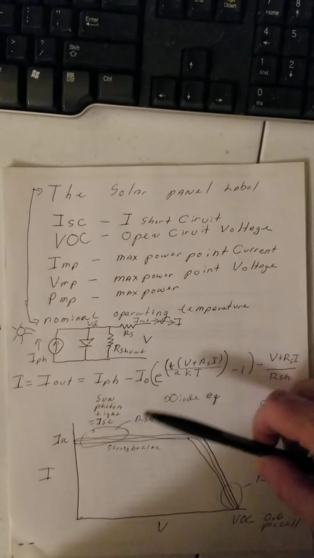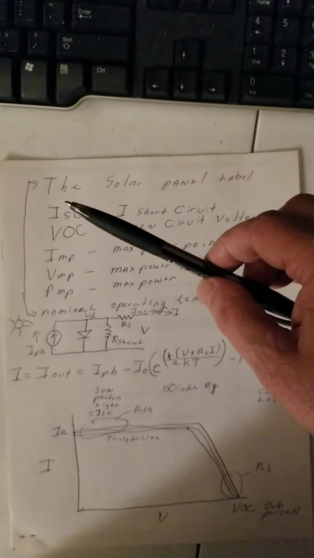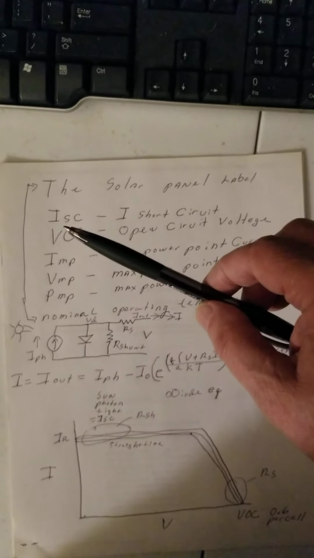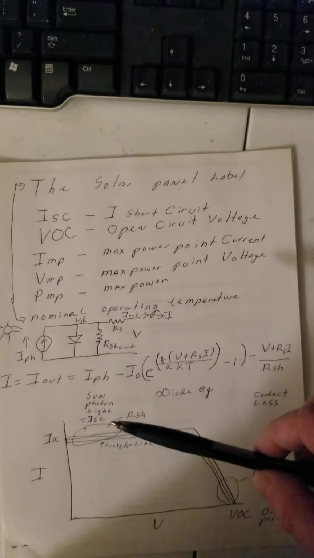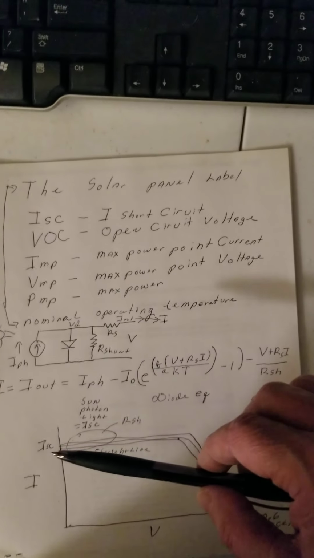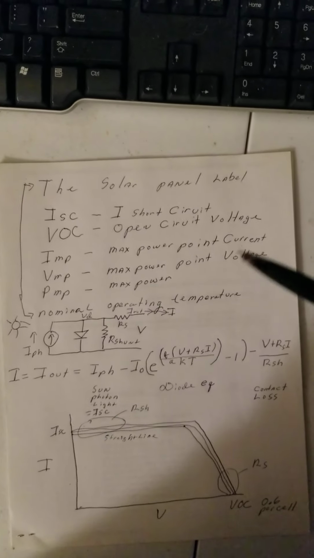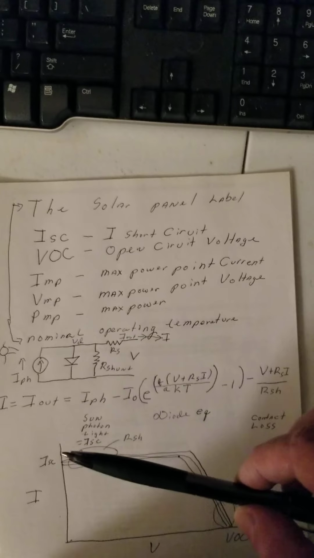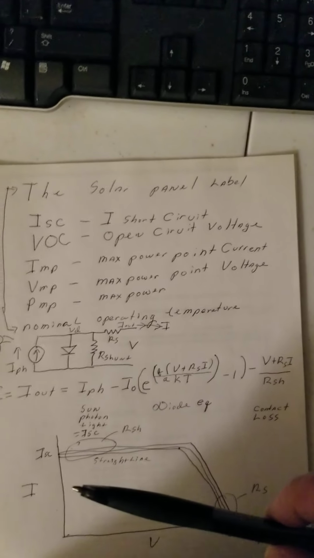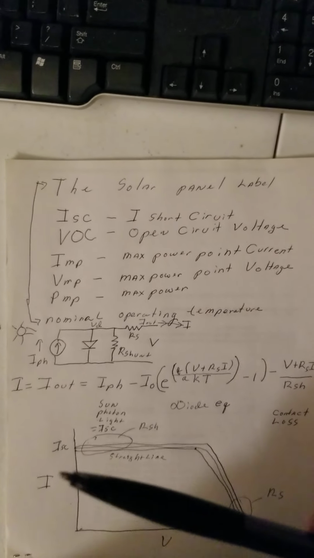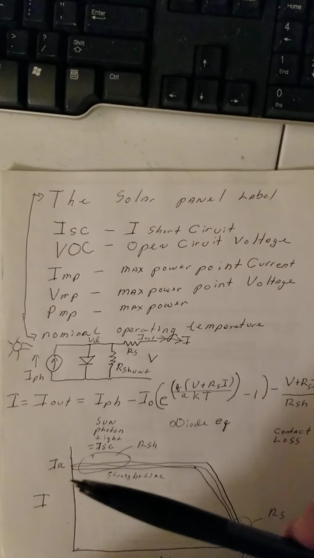The fact that the ISC is not temperature dependent, and we know that it's a certain value at 1,000 watts per meter squared, we can estimate the solar radiation hitting the panel just by measuring ISC.